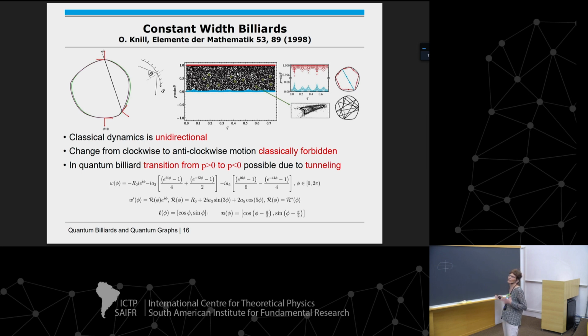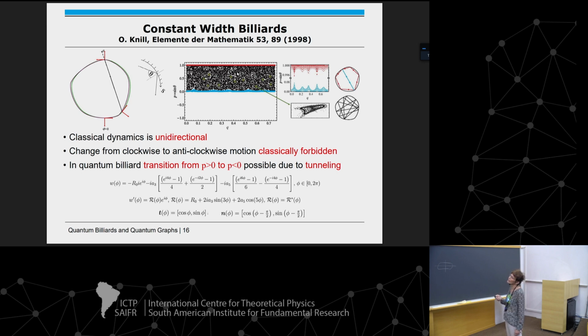However, when you look at the corresponding quantum system, then you will see a transition between both parts, positive momentum and negative momentum, and this is dynamical tunneling. That's the reason why these billiards are of interest. Because here you have the effect of dynamical tunneling, and to this I will come now.